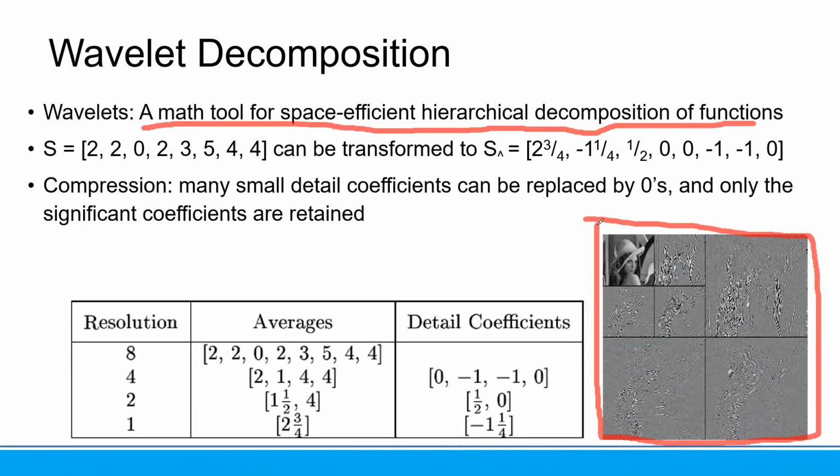We call this the data. Let's say S is the data: 2, 2, 0, 2, 3, 5, 4, and 4. This is the data from this figure. Let's say you know RGB, red, green, and blue.